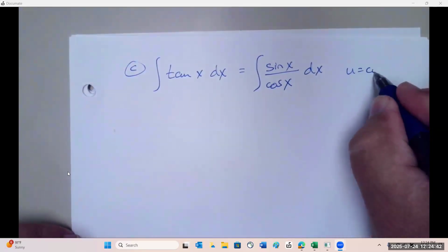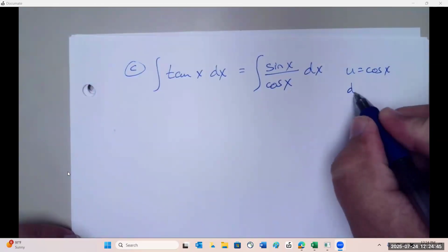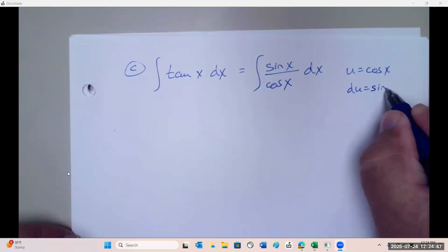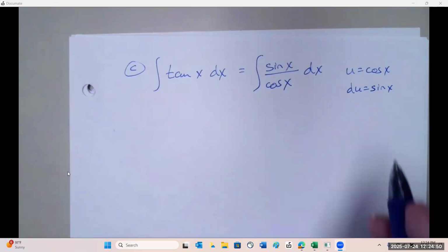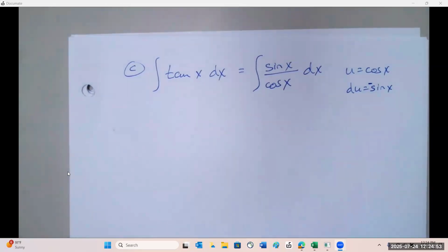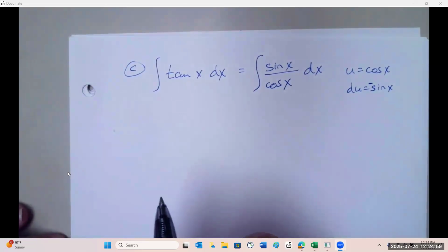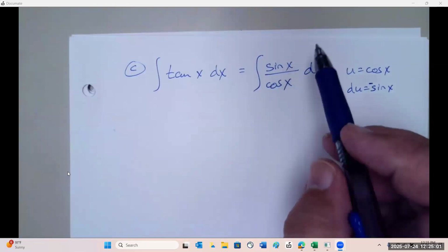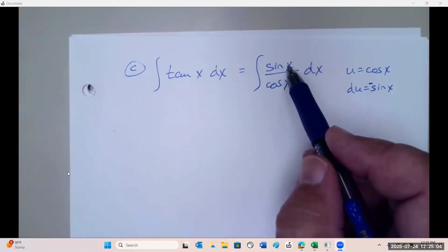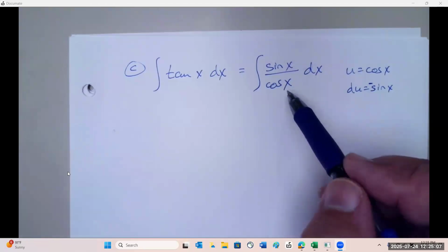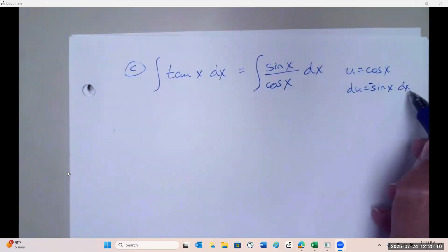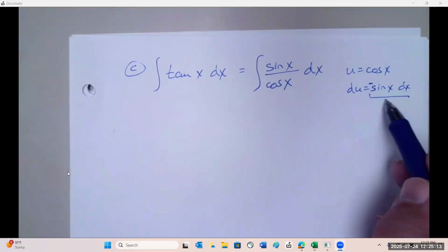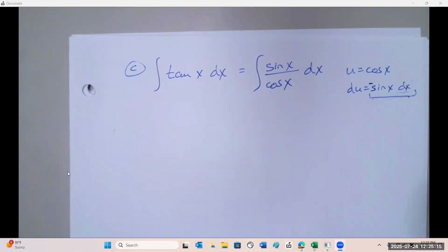We could set u as cosine x and du as negative sine x. Because if we set sine as being u, then du would be on the bottom. We don't want that. Because what we need is sine something with a dx in front of it, not a 1 over cosine. So very good question. It's just that it makes it much easier doing it that way.